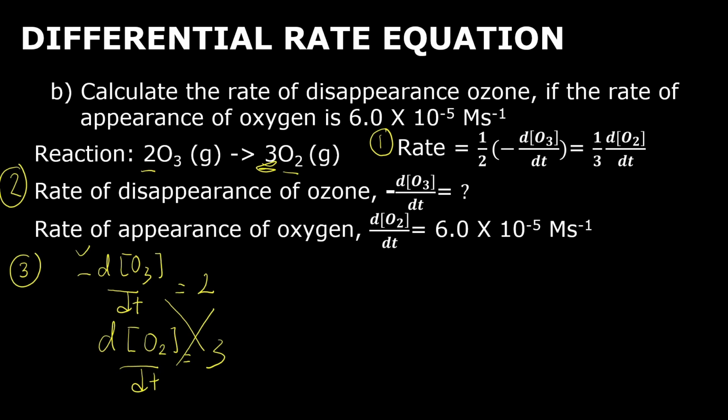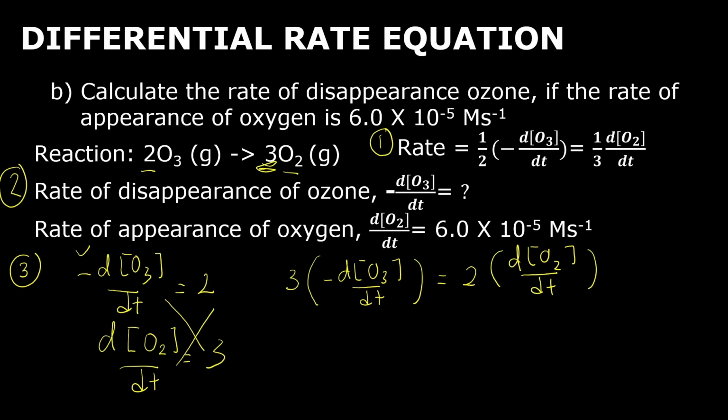So mathematically, we can do cross multiplying in order to calculate the rate of disappearance of ozone. So that is equal to 3 rate of disappearance of ozone, which is equal to 2 rate of appearance of oxygen. And then we only want to find the rate of disappearance of ozone. Therefore, we can bring the 3 over, to become 2 over 3.